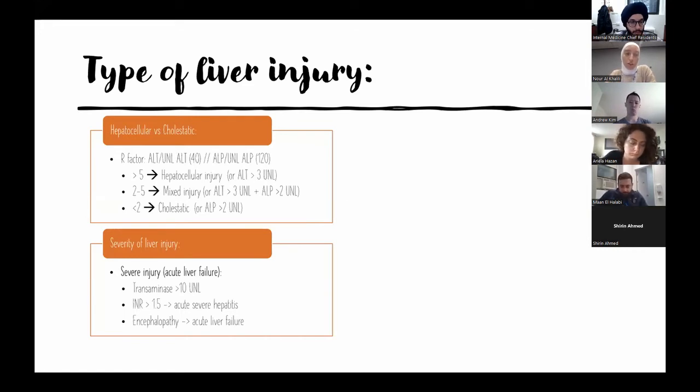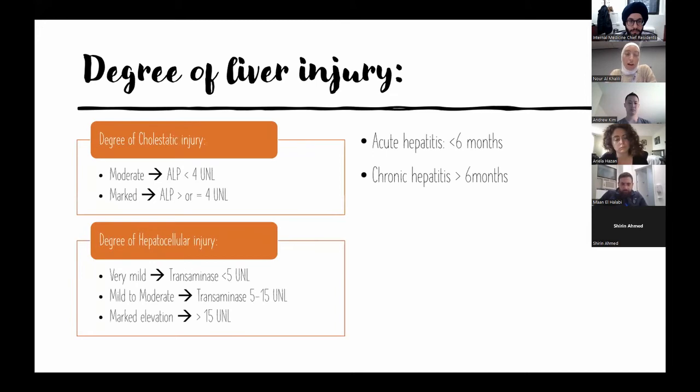Also, when we stratify severity, we need to keep in mind that there is acute liver failure with INR more than 1.5 and encephalopathy, and there is severe hepatitis with only INR more than 1.5 without encephalopathy. Regarding the degree of cholestatic injury, it might be moderate if ALK-Phos is less than 4 times the upper normal limit and marked if more than 4.